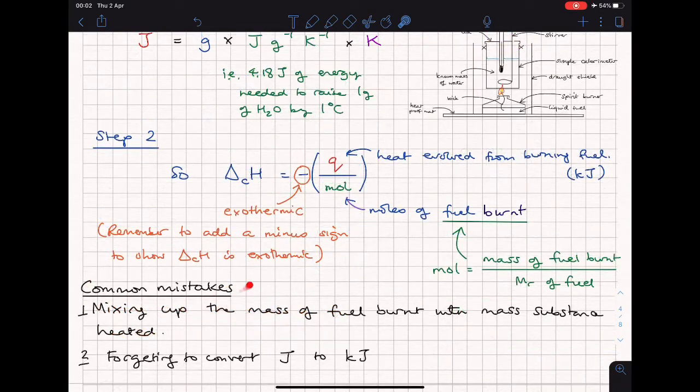The most common mistake people make when they calculate enthalpy of combustion using calorimetry is that they mix up the mass of the fuel burnt with the mass of the substance being heated.